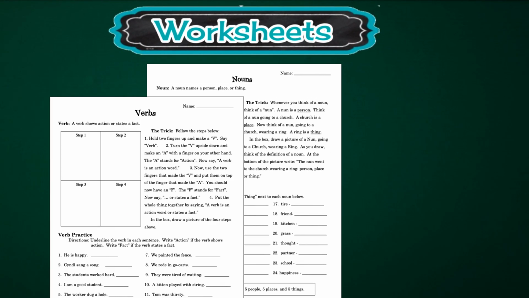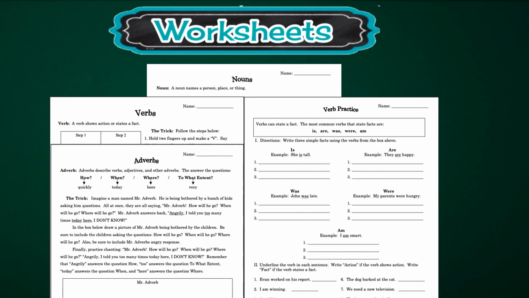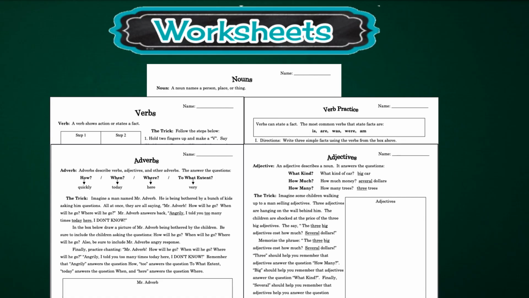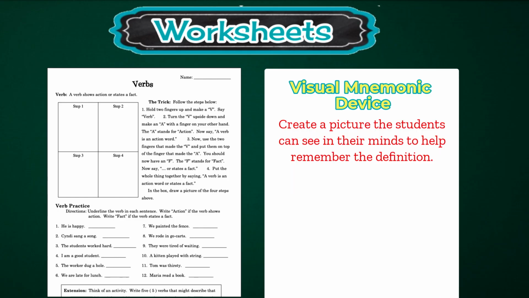5th grade is really the student's last formal opportunity to lock in the basics of the parts of speech, because from 6th grade on, they'll be expected to take a much deeper dive into how they can use the parts of speech to become better writers. Here in units 3 and 4 of the grade 5 edition, the students use visual mnemonic devices to memorize the definitions.